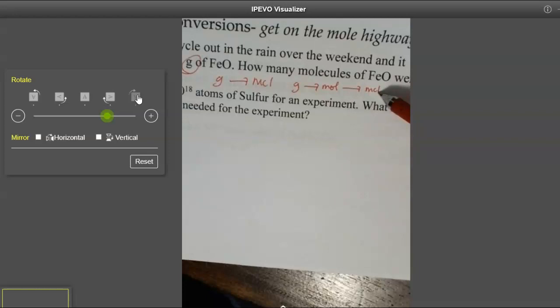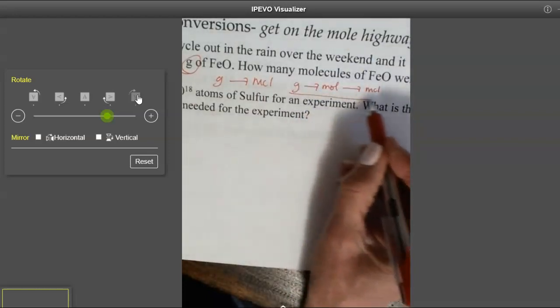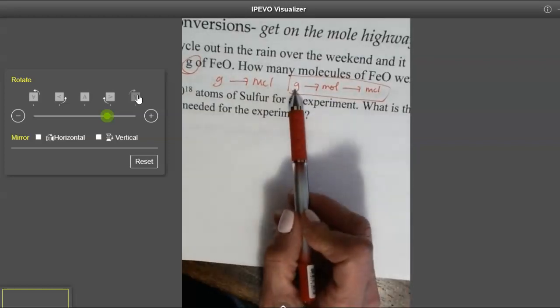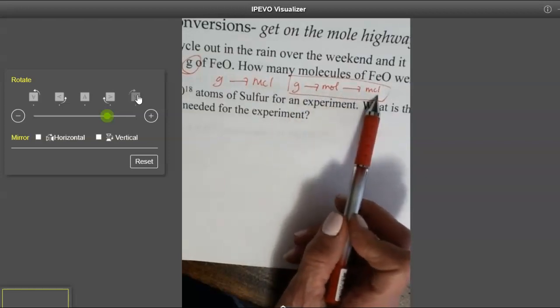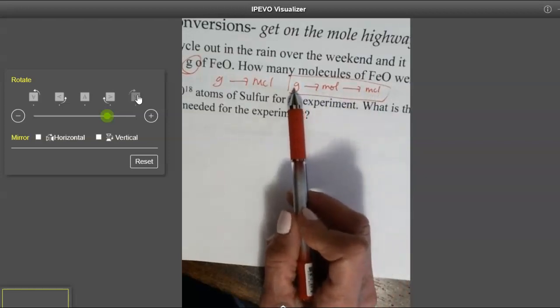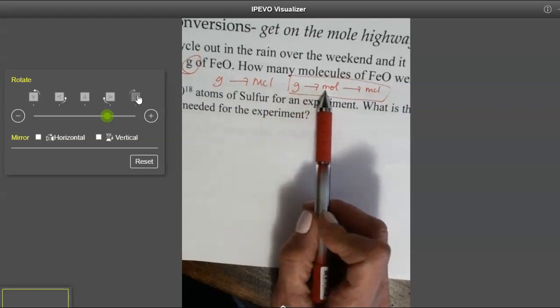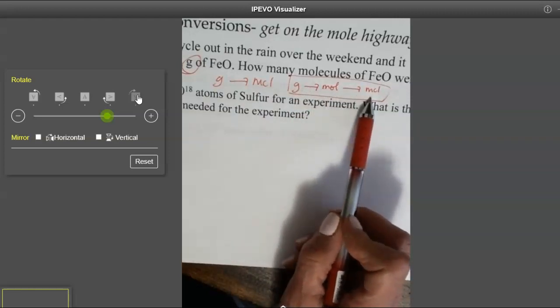We would label it as molecules. So we actually have more work to do. We're going to use the molar mass highway to get us from mass to moles. And then we're going to use Avogadro's highway to get us from moles to molecules.